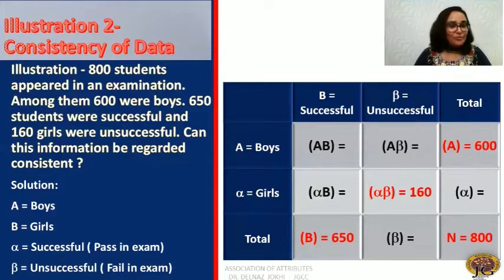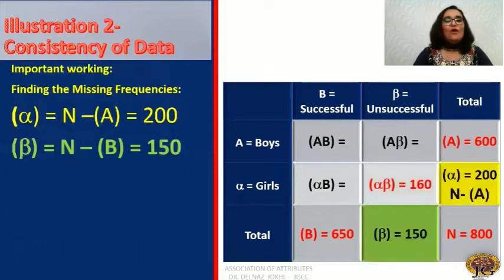Remember, A ka opposite alpha? Exactly. Very good. If you take B equal to successful, then beta is equal to unsuccessful. Now what do you do over here is, if you look at the illustration, you know the next step is that you have to find out the missing frequencies.